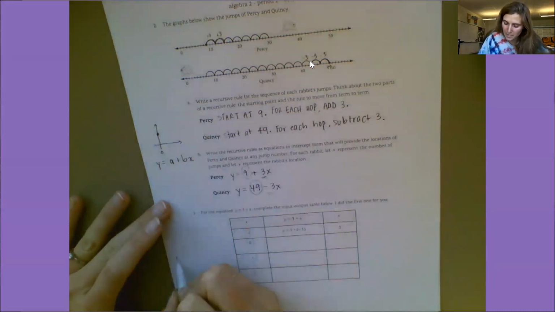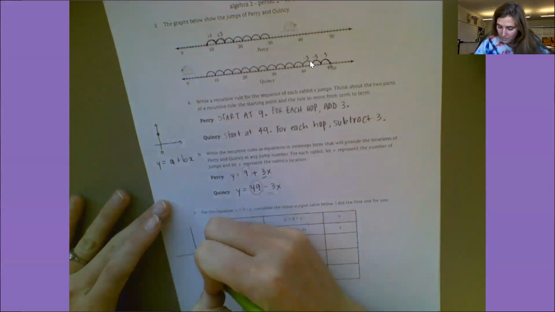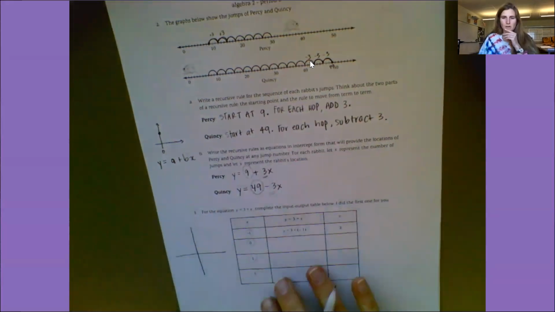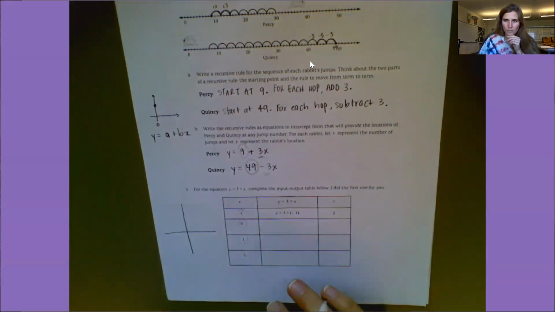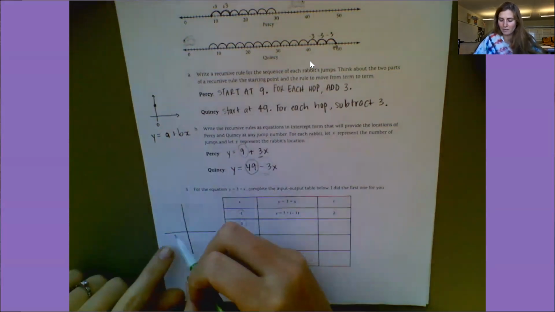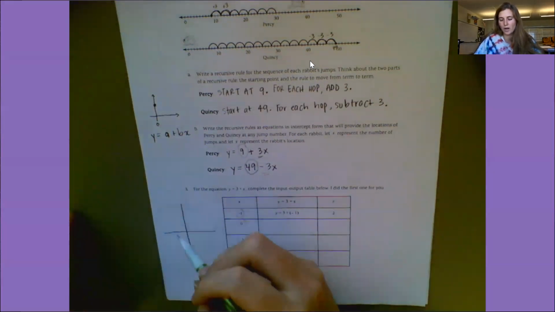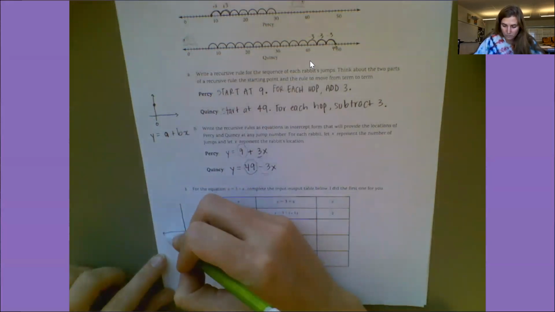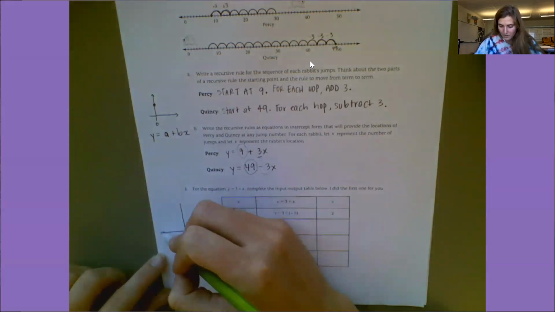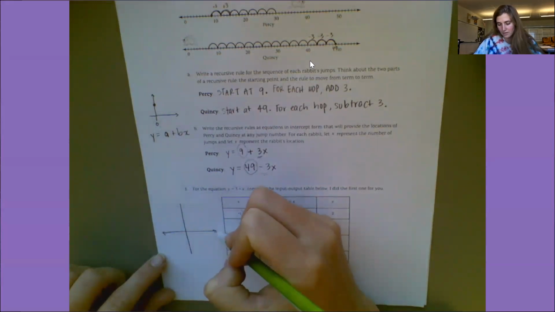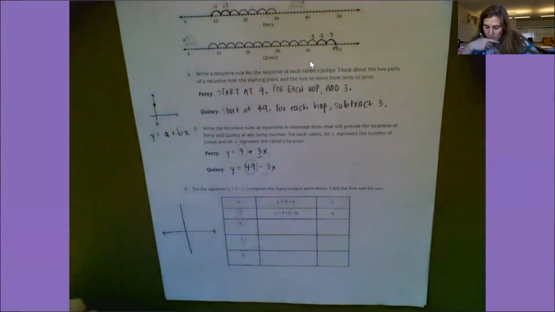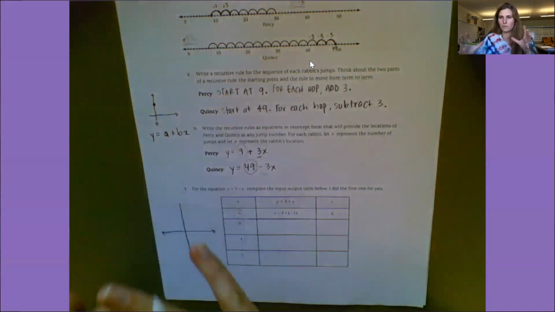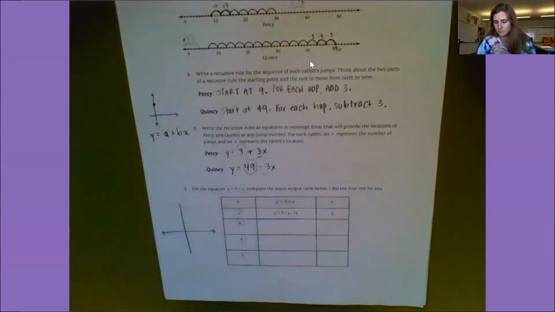That just helps me when I want to graph, and we'll graph this when we're done filling out the table. I want to have a clear idea of what this graph looks like, with a negative x value and with a positive x value, so I can get more of a full picture of the graph.